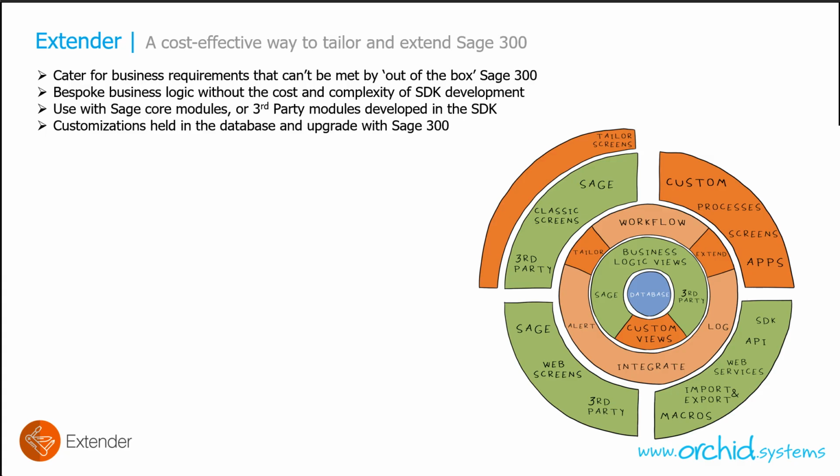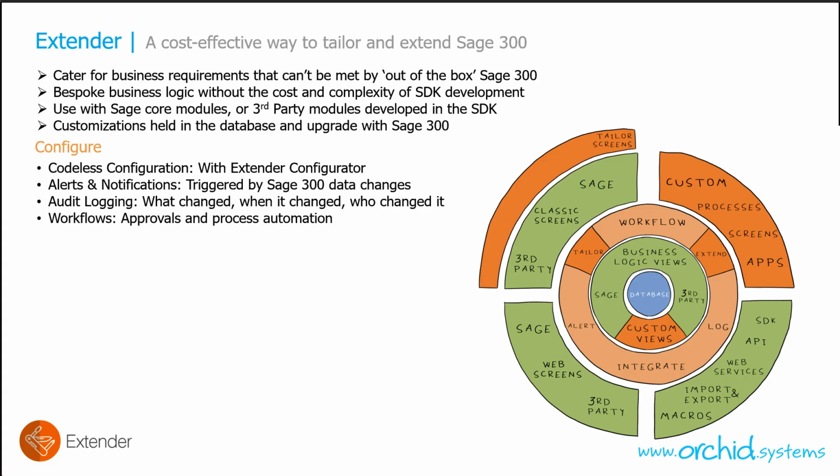It can be used with Sage core modules such as AP, AR, GL, IC, OE, PO, or third-party modules developed in the SDK: Orchid's EFT, Pacific Text, Purchasing Workflow, or simply manufacturing. All customizations and configuration are held in the database and will upgrade with Sage 300 by just upgrading Extender as a Sage module.